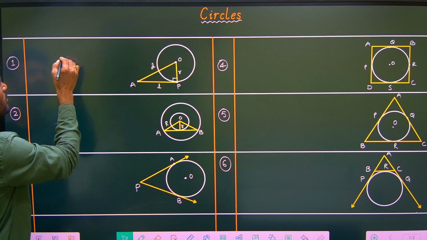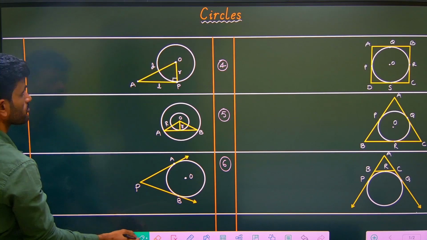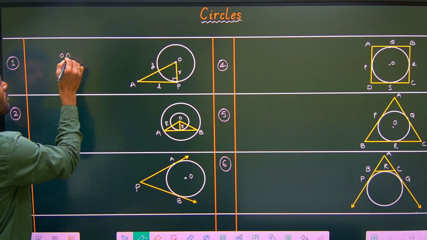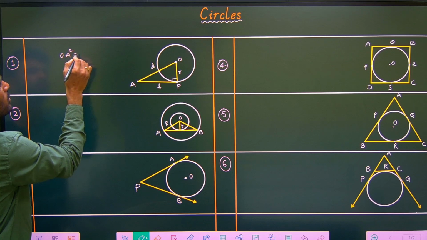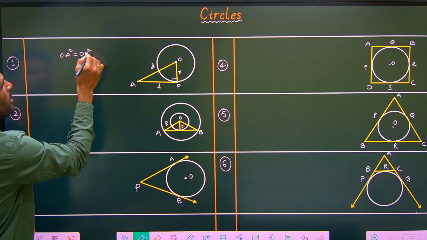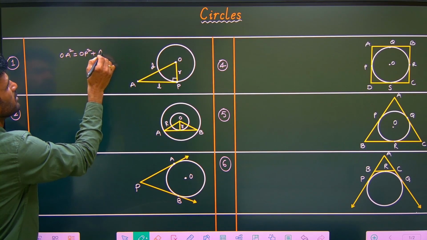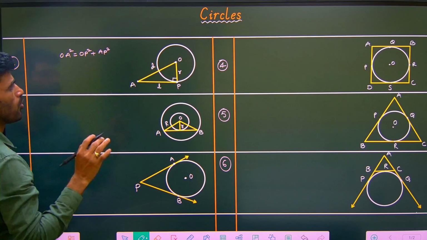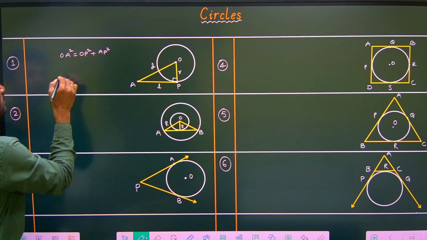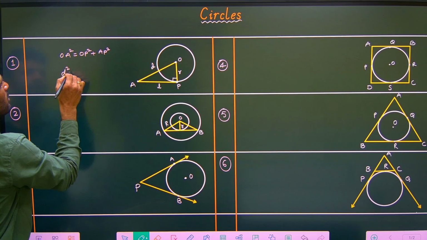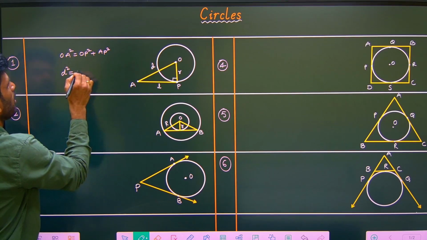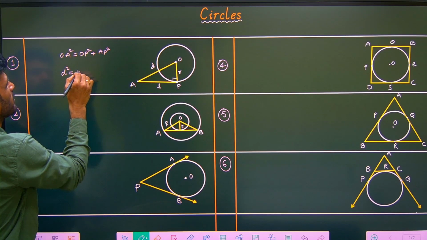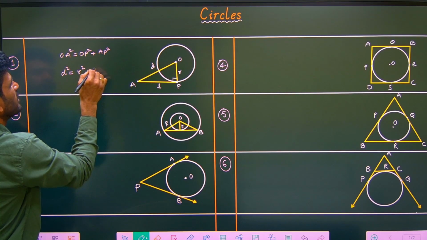So we can write here OA square is equal to OP square plus AP square. So now onwards you can remember it as a formula: D square is equal to R square plus L square.